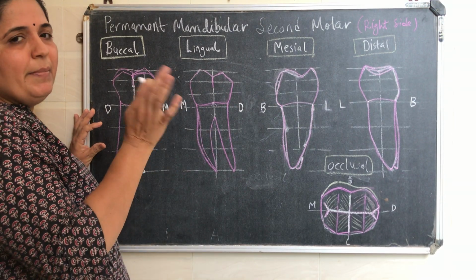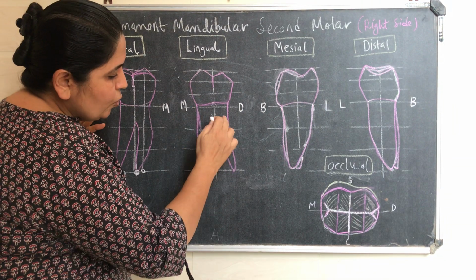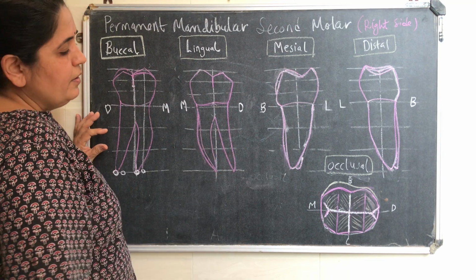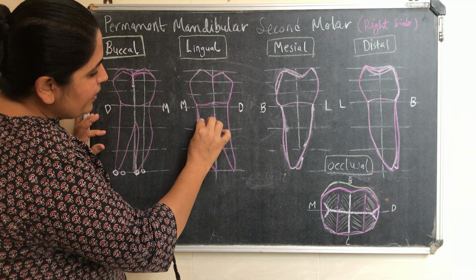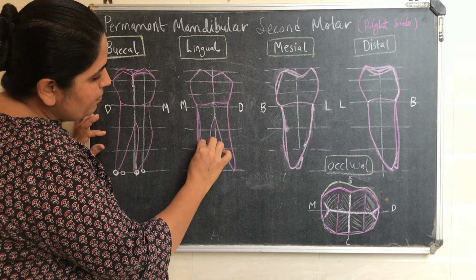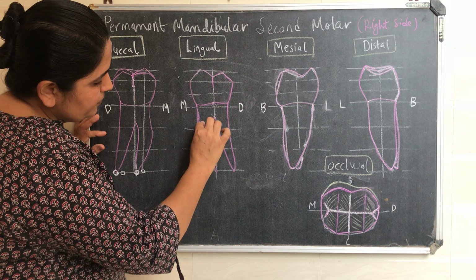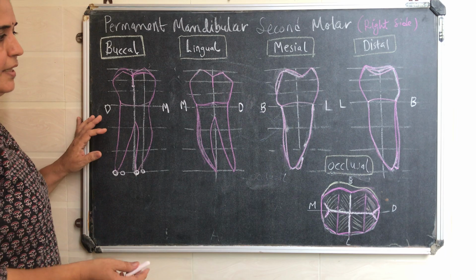That is similar to the first molar, right? Again, the two roots are more distally inclined, and the buccal part of the mesial root is visible from the lingual aspect.